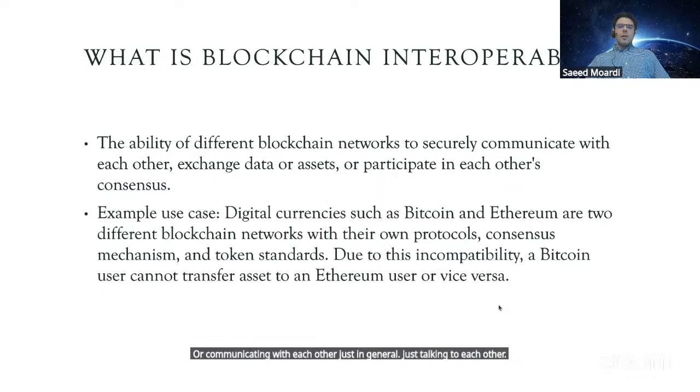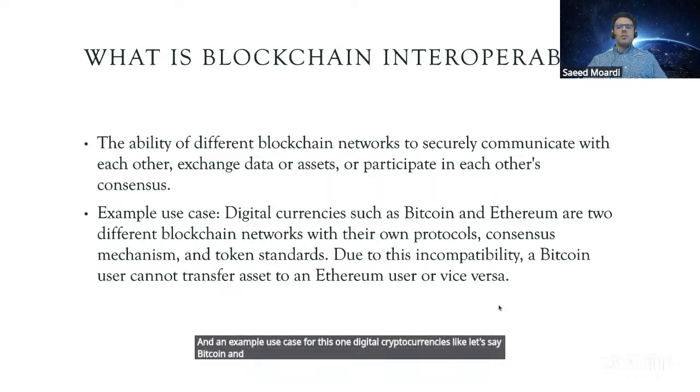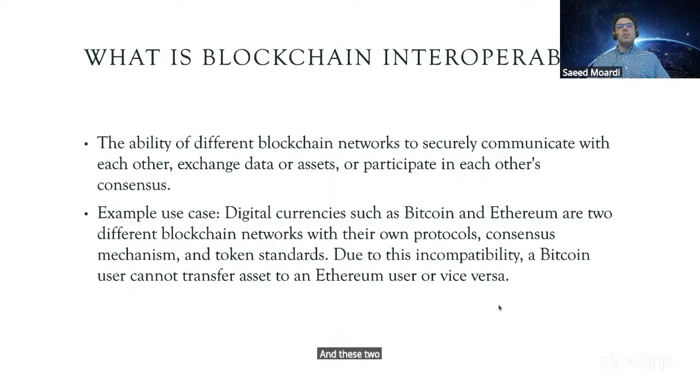An example use case for this is digital cryptocurrencies, like Bitcoin and Ethereum. These are two very well-known cryptocurrencies, and each of them has its own protocol, consensus mechanism, and token standards.